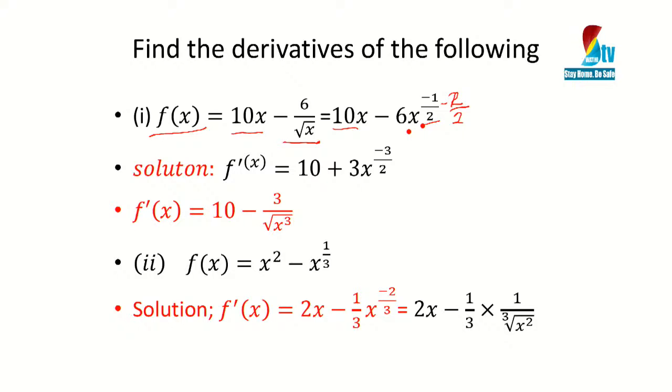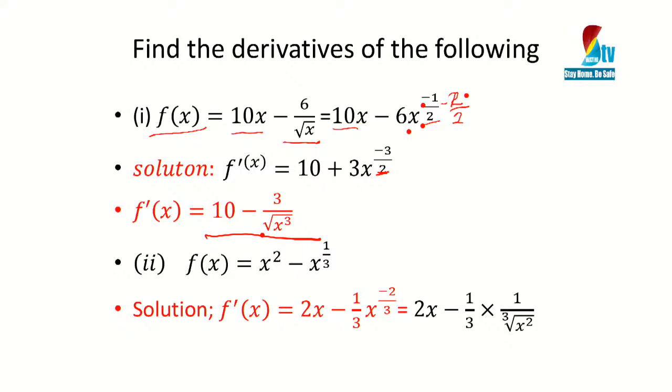So minus 1 minus 2 gives us minus 3, and then this is going to be 10 plus 3x raised to the power negative 3 over 2. So when we give back our answer there, it's going to be 10 minus 3 over the square root of x, and then cubed. So that is our final answer there.